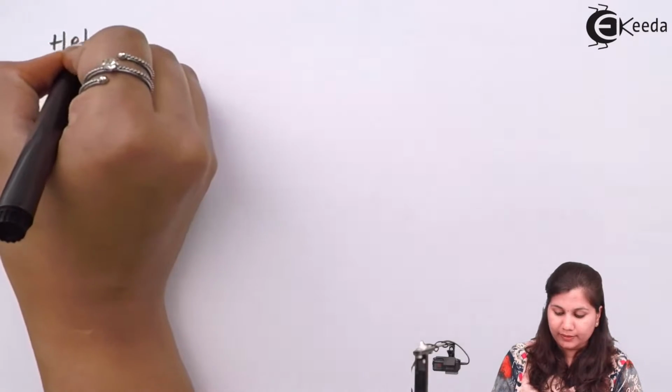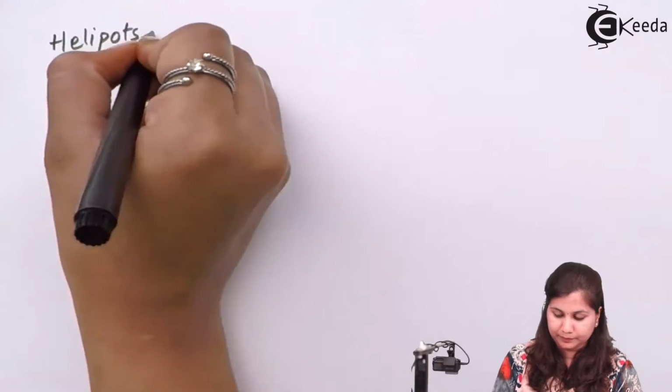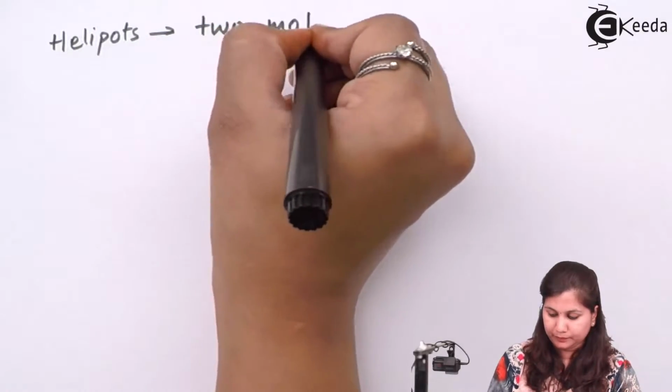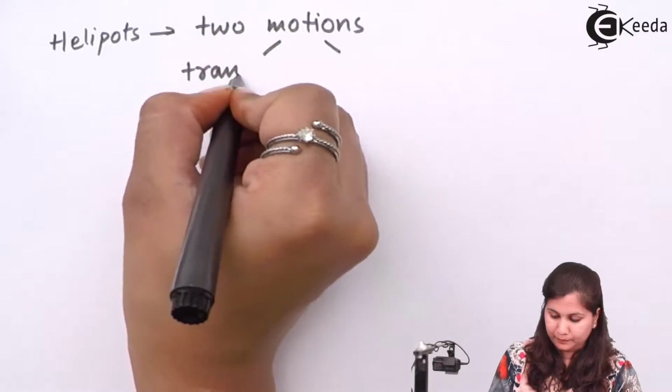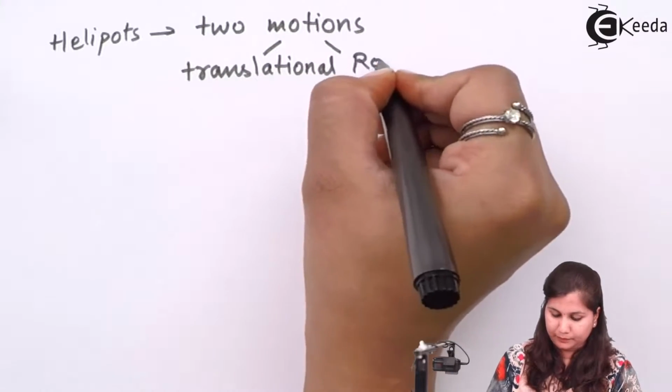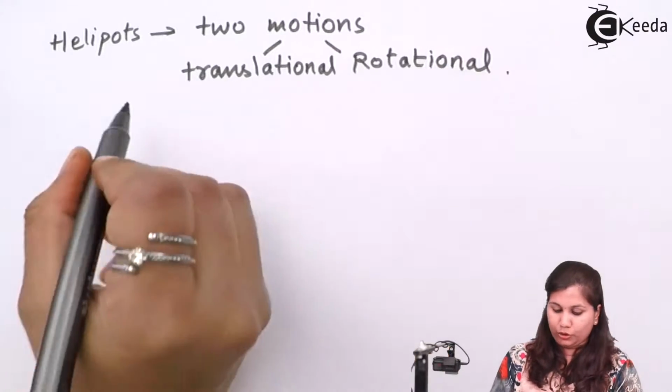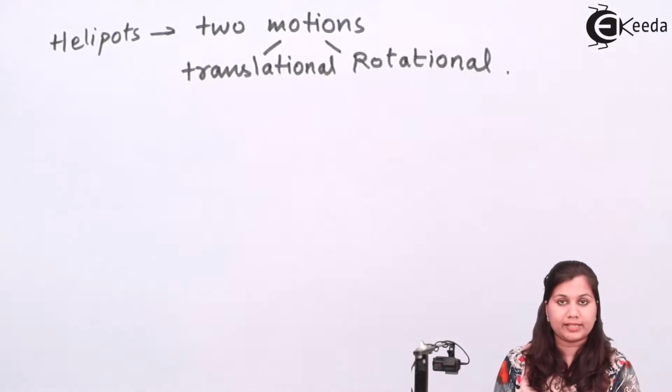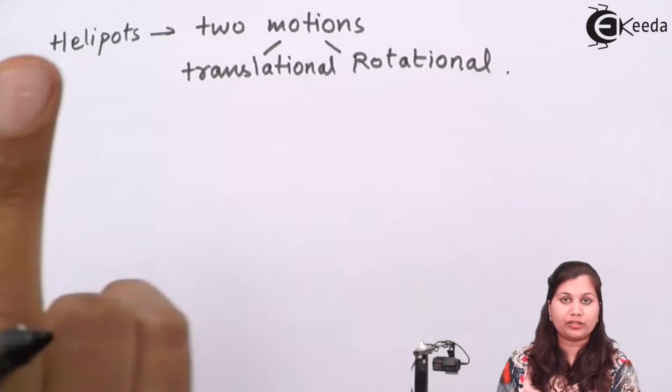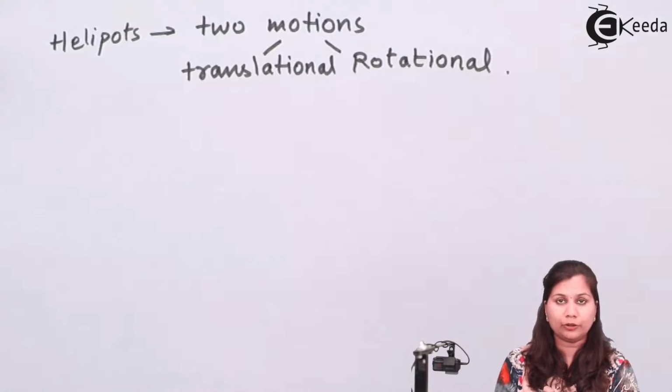Now there are some potentiometers which have a combination of the two motions, both the translational and the rotational motion, and such types of pots are known as helipots. In the translational pot, the resistance wire is in a straight line. In the rotary pot, the resistance wire is in circular shape.